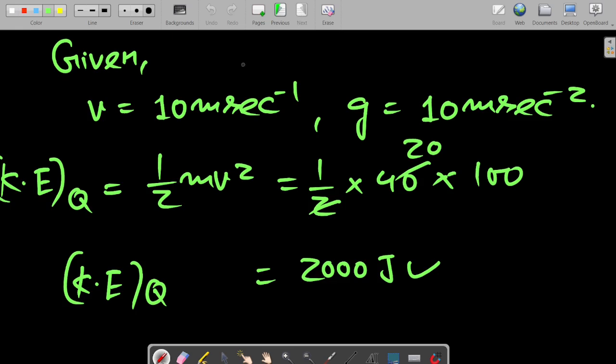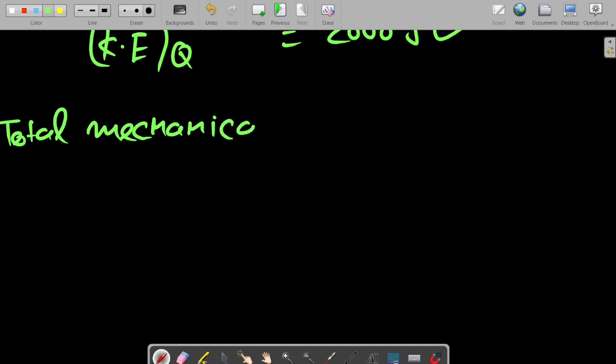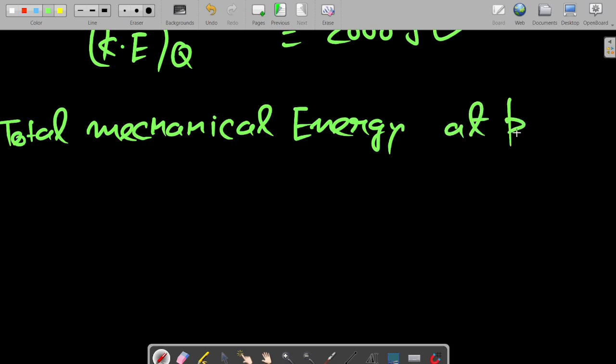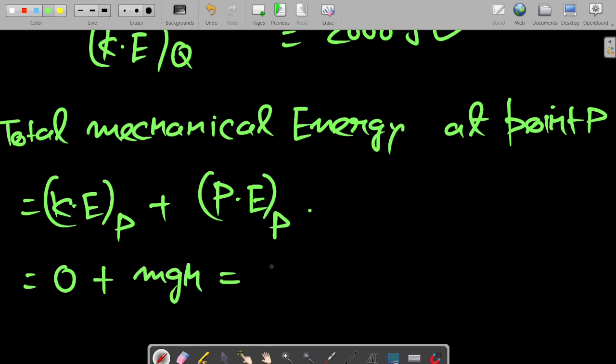So now, total mechanical energy at point P is equal to kinetic energy at point P plus potential energy at point P. So your kinetic energy at point P is 0 plus potential energy at point P, mgh, and if you calculate, your mass is 40 kg into your g is 10 meter per second square, and your h, we don't know the h.